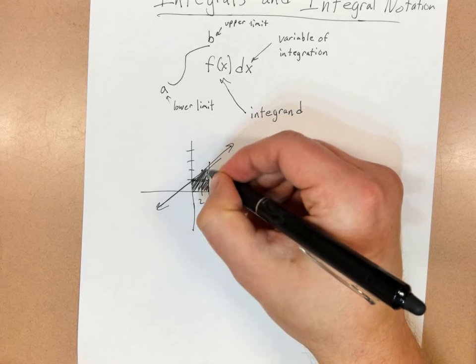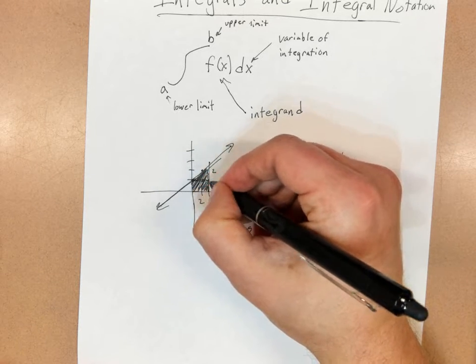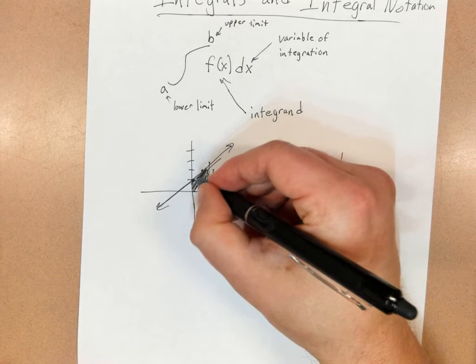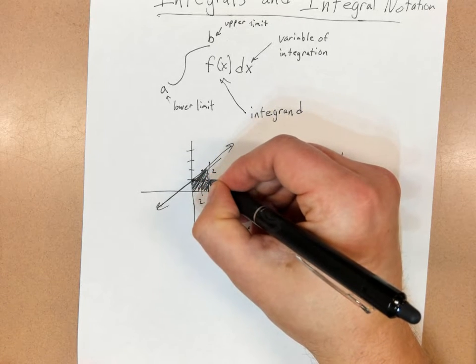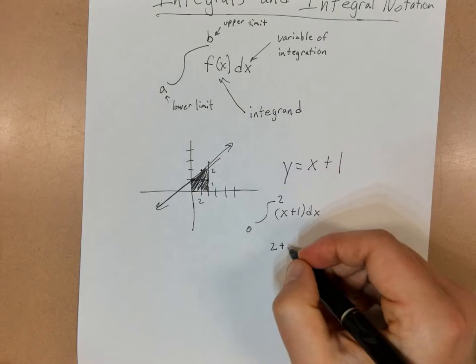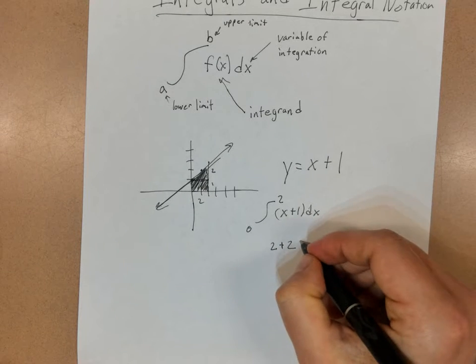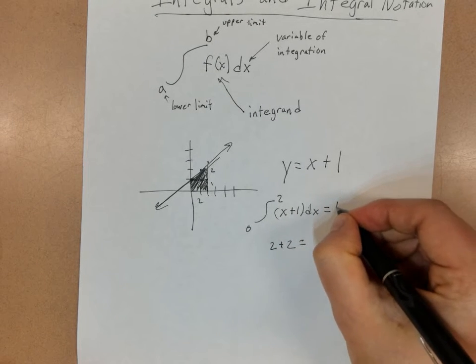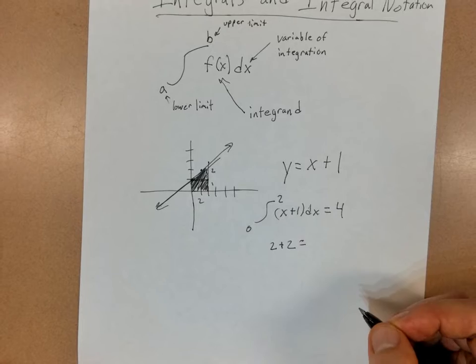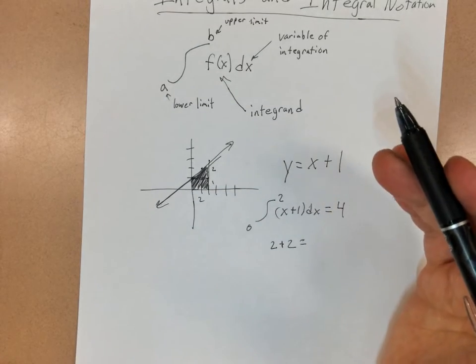The height is 2. So base times height divided by 2 is 2 times 2 divided by 2, and so I'd have 2. There's a lot of 2's. And so this integral would equal 4. And that's how you can calculate integrals for now.